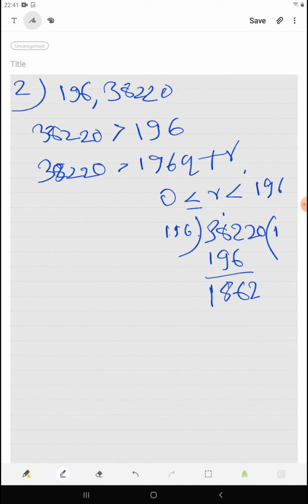So we will get 2 9s are 18, 6... 5 9s are 45... 8 9s are 72, 17. So we got 12 minus 4 is 8. 15 minus 6 is 9.